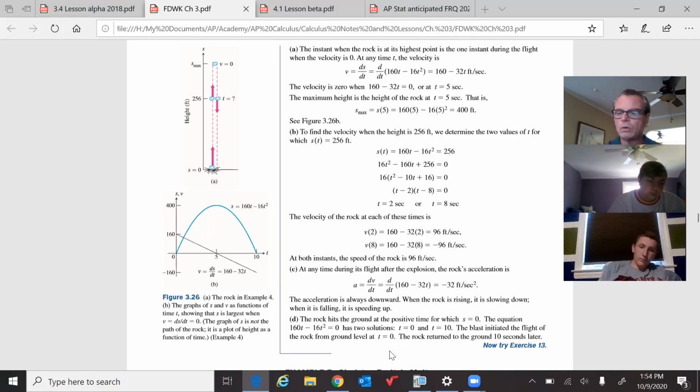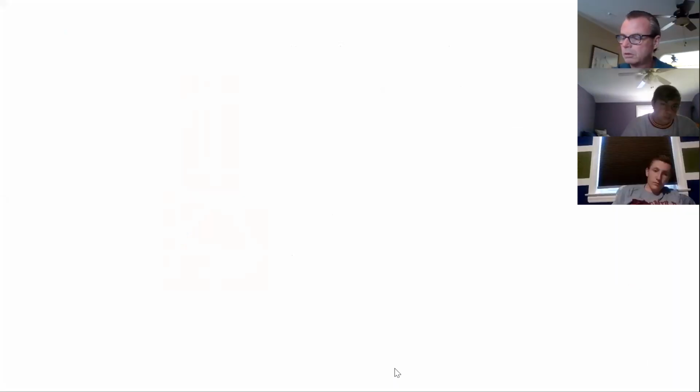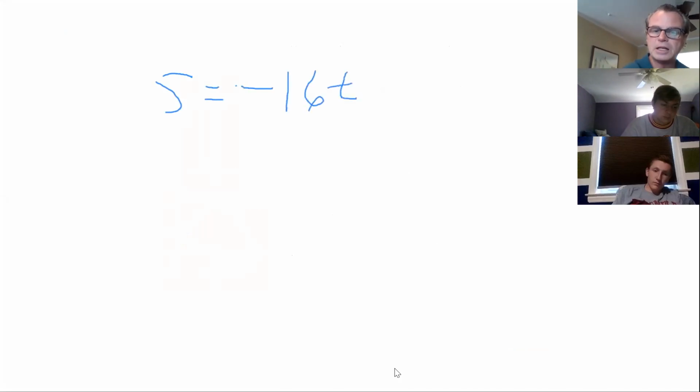If I take what's in the book for example number 4, and I rewrite it in standard form, I would have S equals negative 16t squared plus 160t.